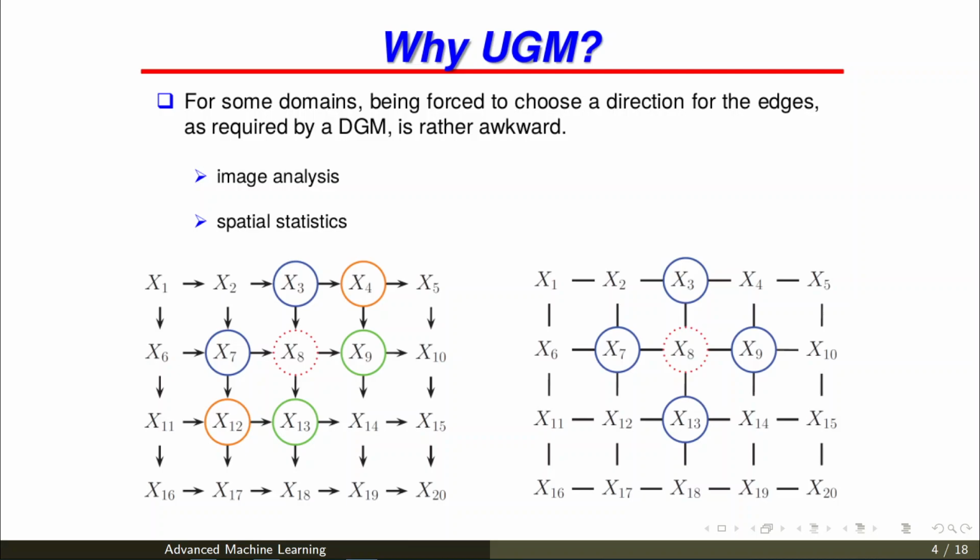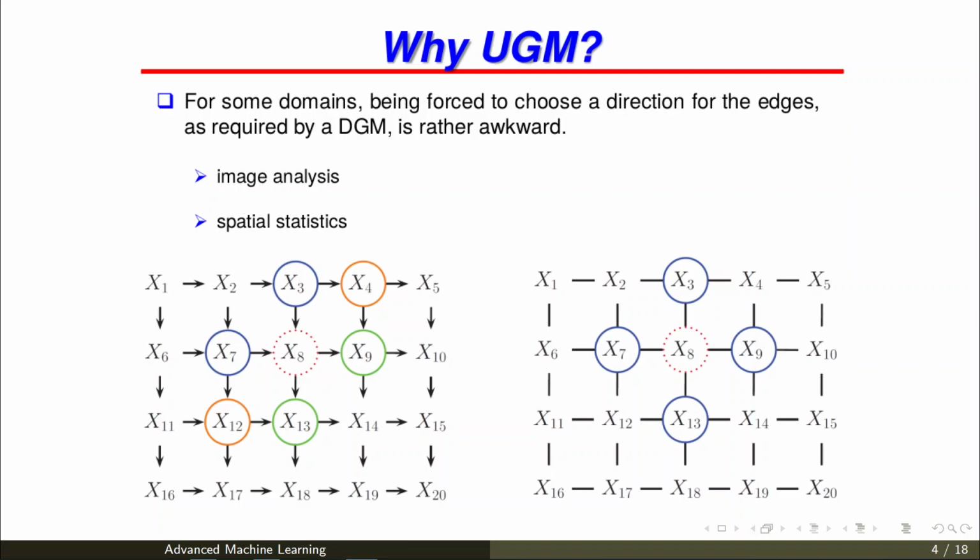The idea of a Markov blanket is that if you know the values of the Markov blanket, then that particular node is conditionally independent of anything else in the graph. So in this case, x8 is independent of all the other pixels if you know x3, x4, x7, x9, x12, and x13, because that forms the Markov blanket.